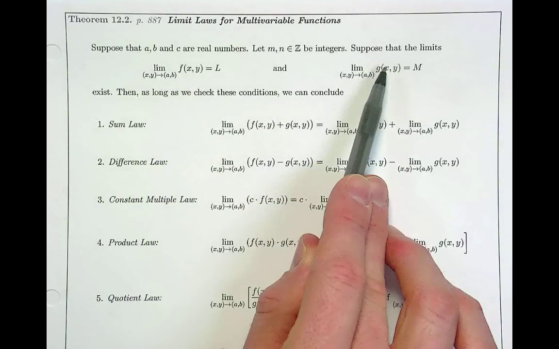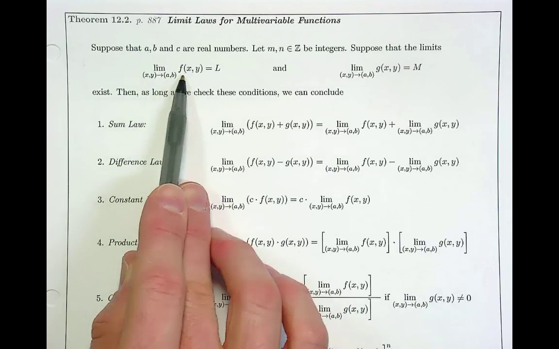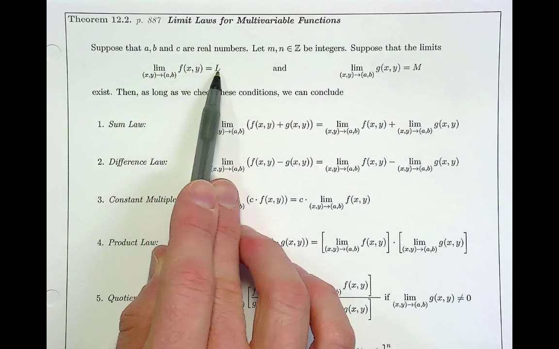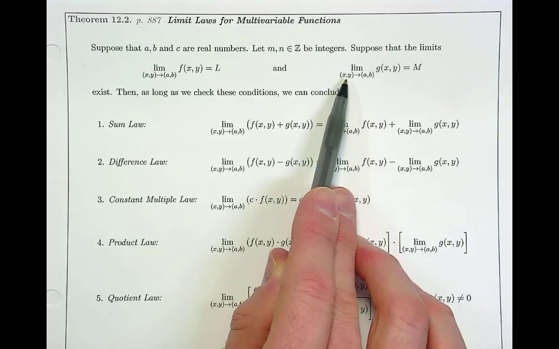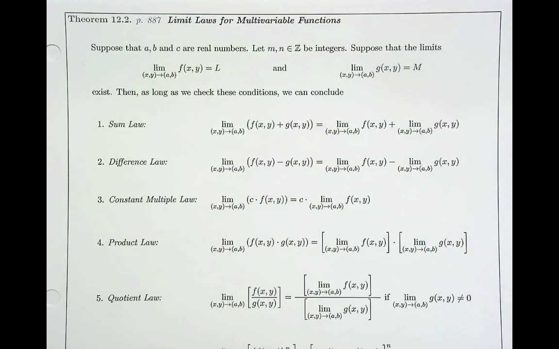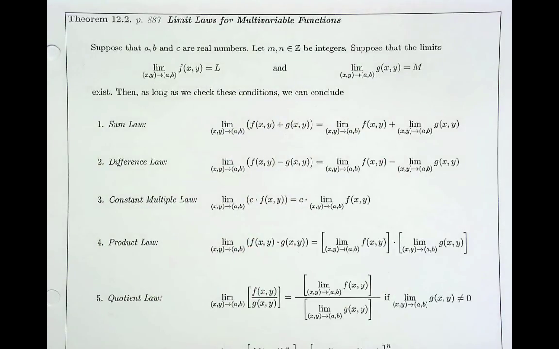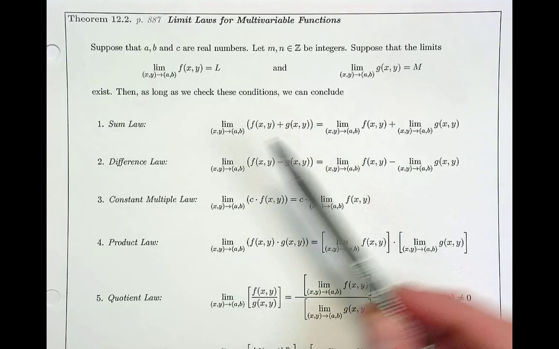If you have two functions, f of x y and g of x y, and the limit as x y approaches a, b of f of x y is equal to L, and the limit as x y approaches a, b of g of x y is equal to M, then as long as you conclude this to be true, we can make the following conclusions.